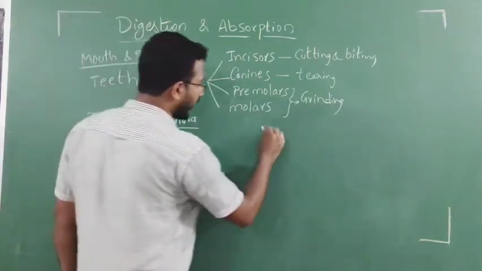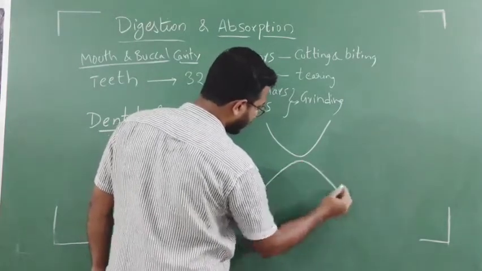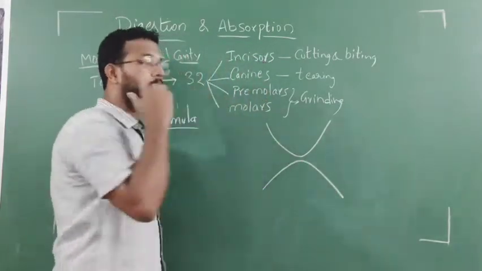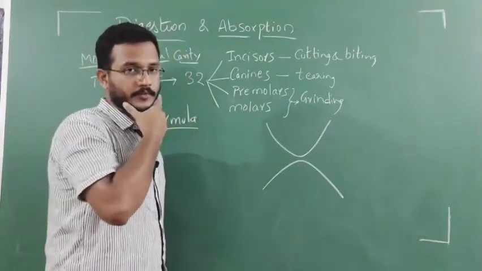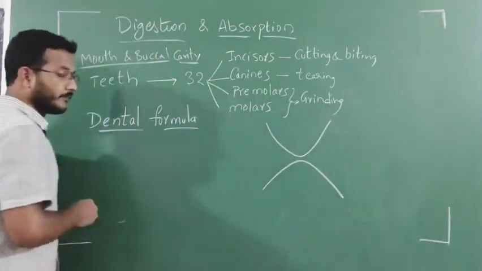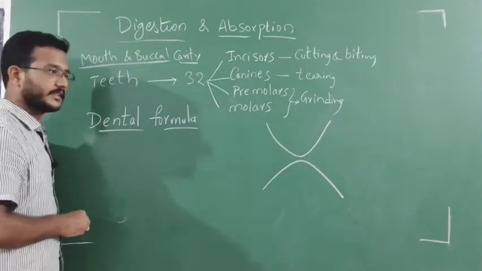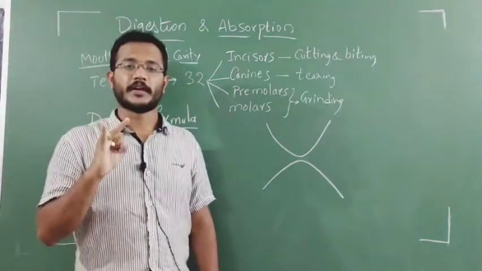So here I am drawing. Assume this one as an upper jaw and this one as a lower jaw. Now I will demonstrate the dental formula of human beings. We have two types of teeth, milk teeth and permanent teeth.